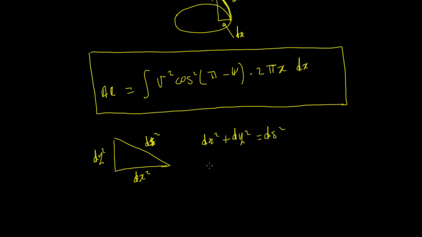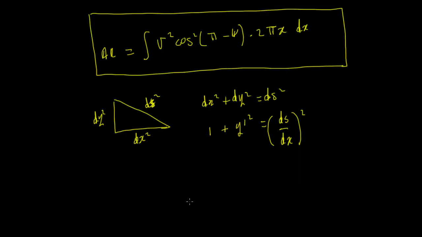Dividing throughout by dx squared, we'll have 1 plus dy squared upon dx squared, so I'll just call that y derivative squared, equal to ds upon dx squared. So I could find the reciprocal of this, so I could write dx upon ds squared, which will equal 1 upon 1 plus y derivative squared.